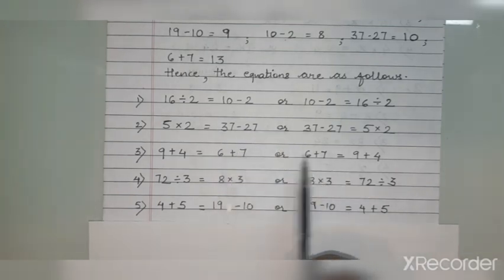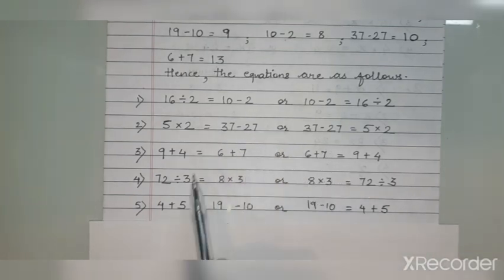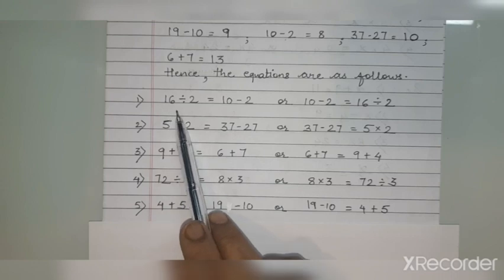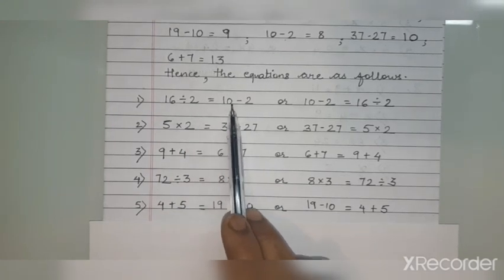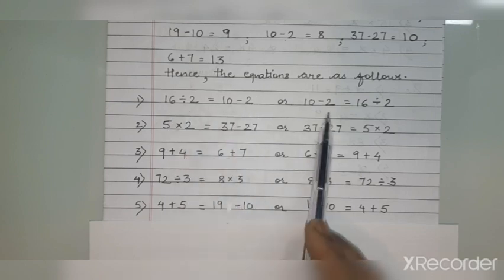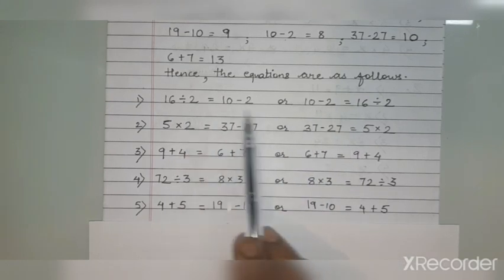Clear? And why have I written this "or"? Because, as I told you, even if you exchange, the equation remains the same. So, left hand side to right hand side, right hand side to left hand side. 16 divided by 2 is equal to 10 minus 2, or 10 minus 2 is equal to 16 divided by 2.